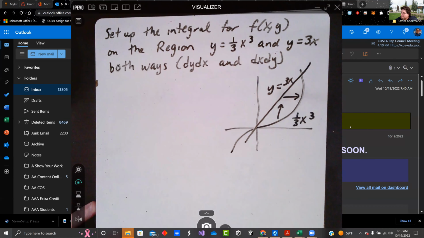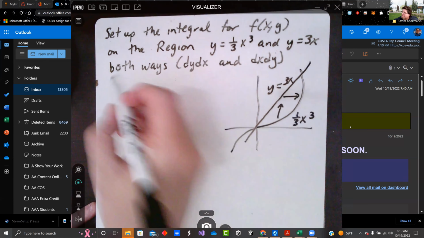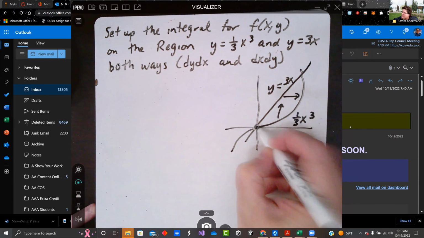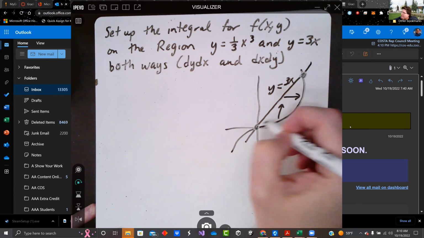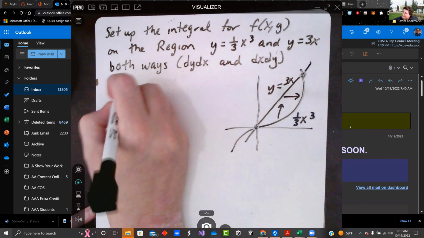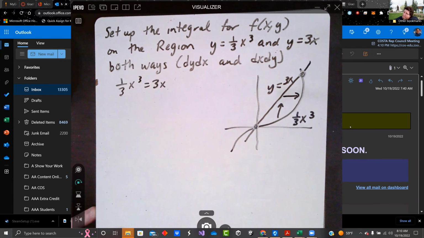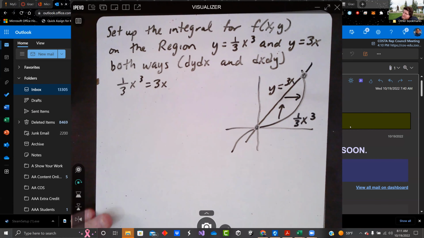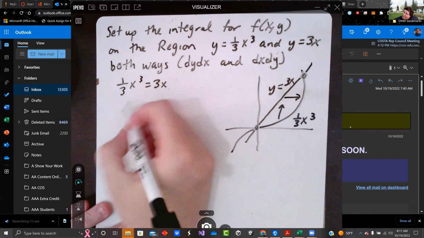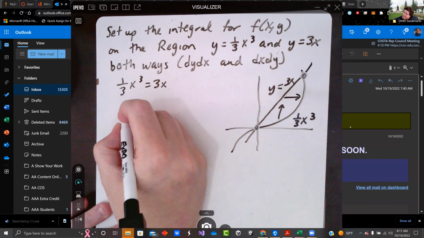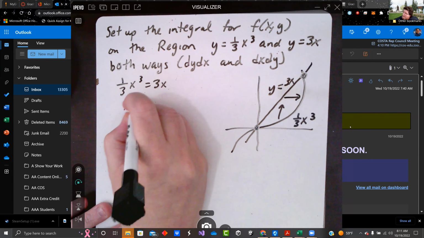So set them equal to each other. We know where the lines cross, the y value is the same, so we can set them equal to each other to find that value. So I have 1/3 x cubed.